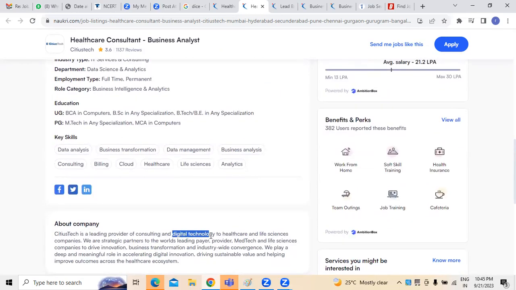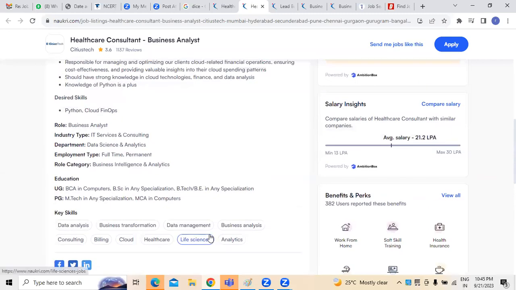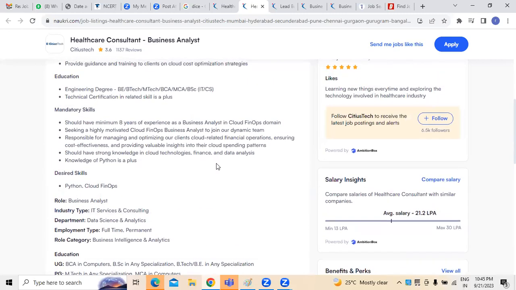And nowadays in industry, I'm not generalizing for everything, most of the applications are moving towards the cloud environment. Yes or no? So what these people are indirectly saying is that they are working for the CloudFin operations domain.